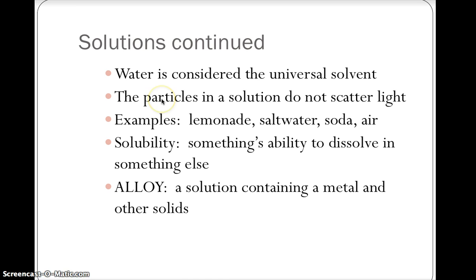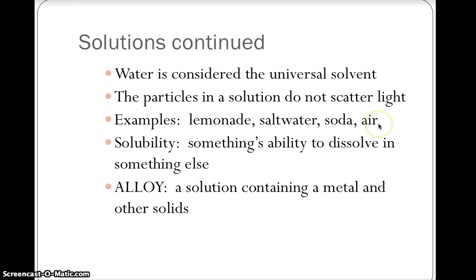When you shine a light through any sort of solution, the particles in the solution are not going to scatter the light because they're so small. So examples of solutions are lemonade, salt water, soda, and air. When I talk about soda, I'm not talking about like Coca-Cola or Pepsi. I'm talking more about seltzer water. And the solution is made up of a solvent of water and a solute of carbon dioxide.